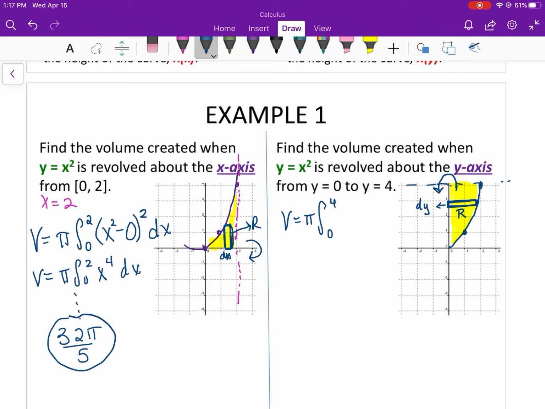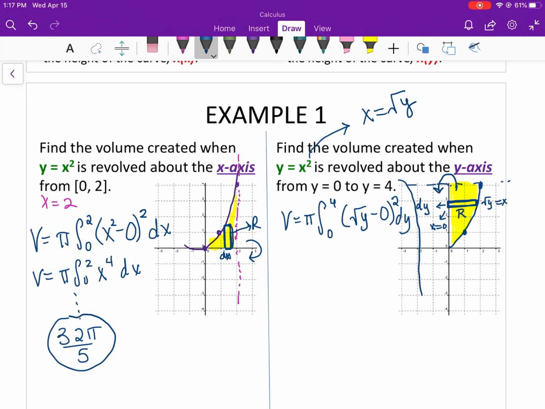Your rectangle, though, is from right to left, and this needs to be solved for x now. So this curve is the square root of y, and then the left side is 0. So it's the right, which is the square root of y, and then it's the left, which is x equals 0. And then I square that and put my dy on there.